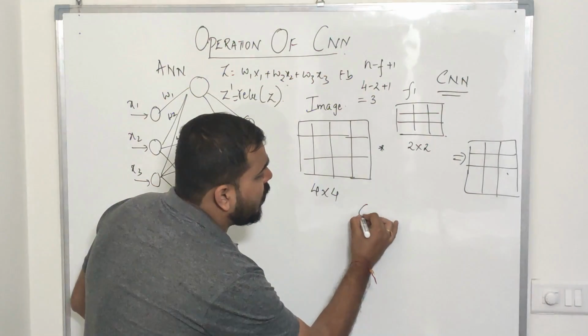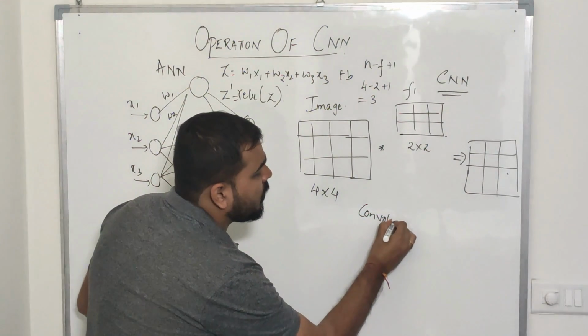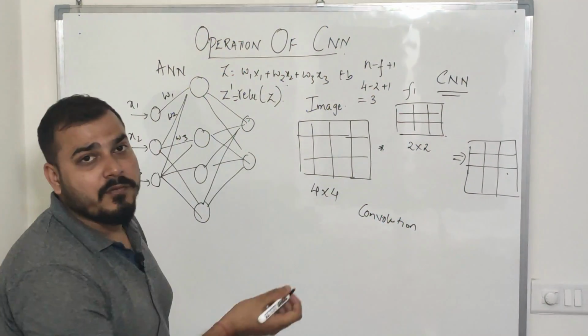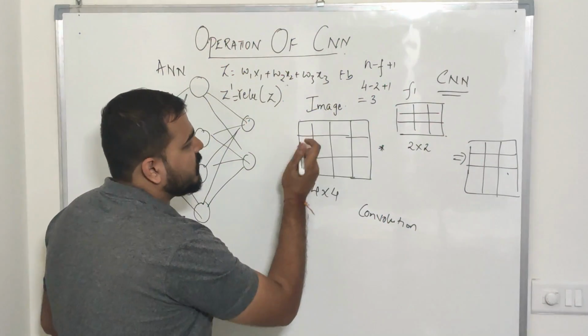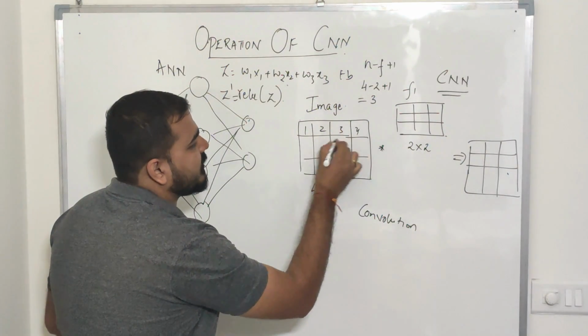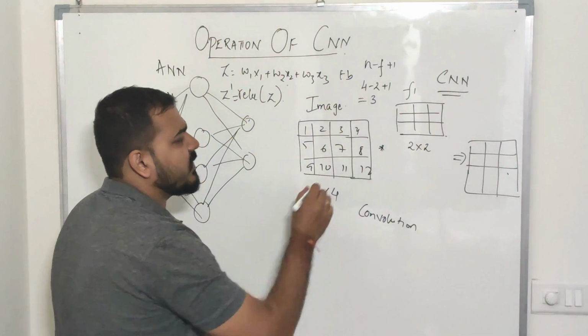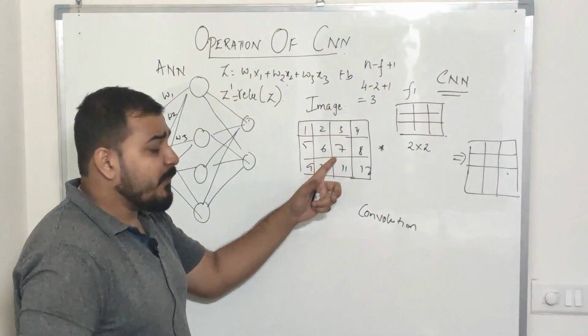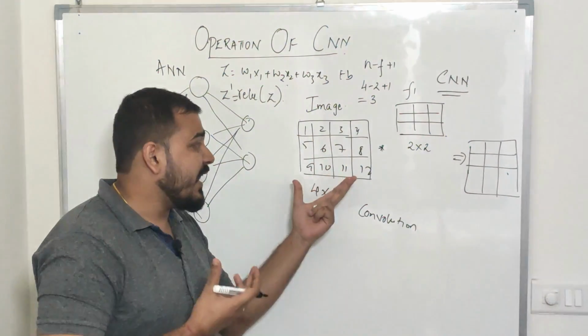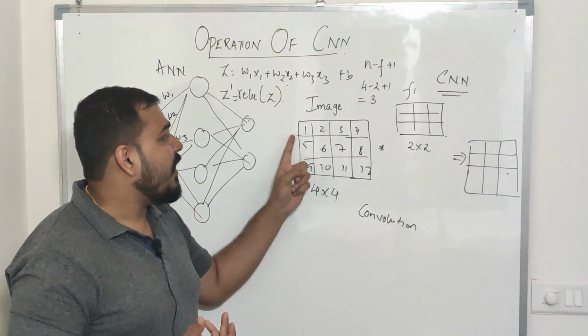Now, the convolution operation basically says that, okay, we have understood how the convolution operation takes place. Suppose over here I have some values like 5, 6, 7, 8, 9, 10, 11, 12, and these are all pixels. If I'm considering this as a grayscale, black and white image, I'll have one pixel value.